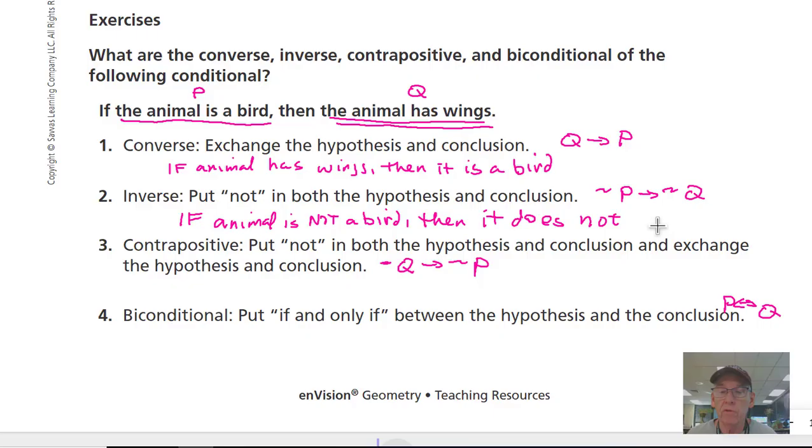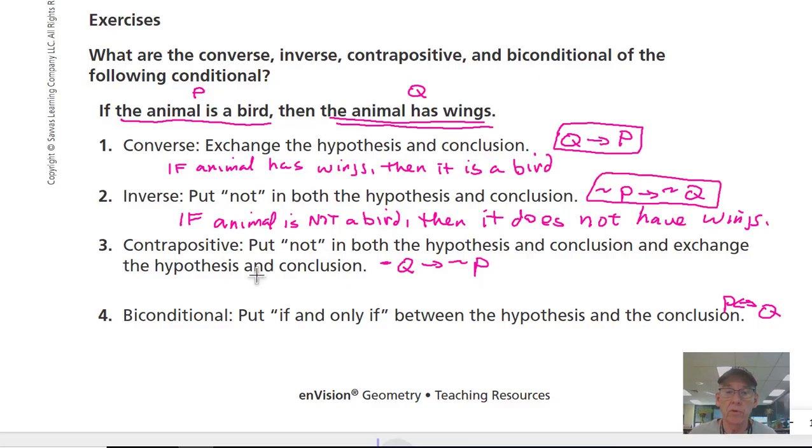Once we formed the new form, if we needed to check those, we would have to evaluate each one separately in terms of its truth value. But just to form the inverse, you have not P implies not Q. So you just add nots to the hypothesis and nots to the conclusion. The contrapositive, you flip the order, so you have Q, P, and it's not Q, not P.